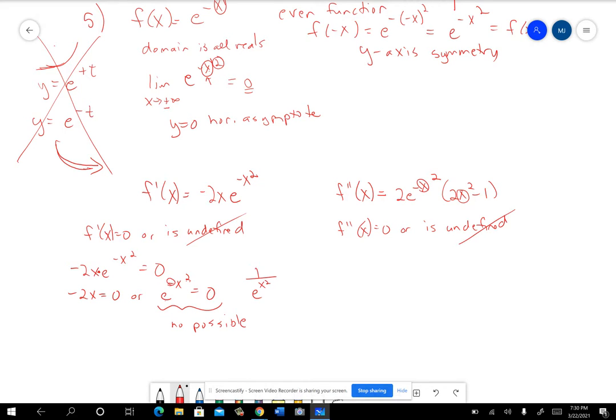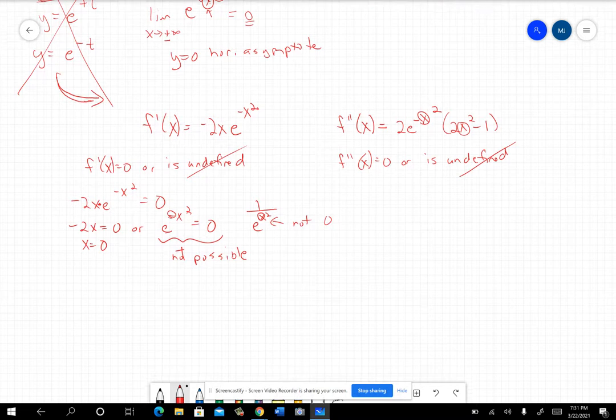So if you plug in something here, positive or negative, you're going to be squaring it, so it'll be positive, and e to a positive number is going to wind up just being some number. So this is never going to be 0. So that's not possible. So x equals 0 is the only place where you could potentially have a critical point, have a max or a min.